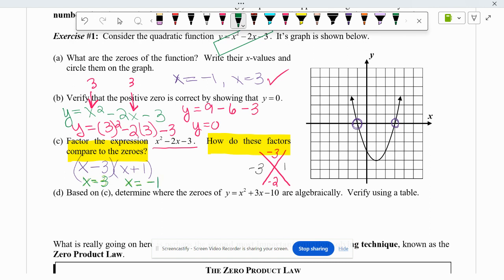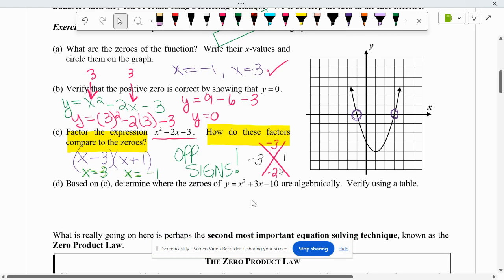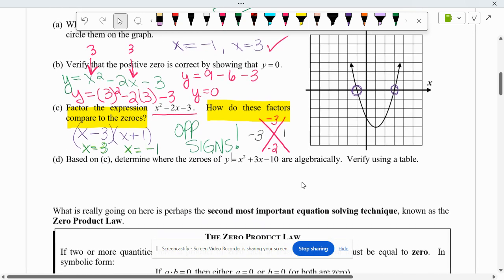The question is, how do the factors compare to the zeros? Well, what do we know about the factors? The factors and the roots have opposite signs. We know that.